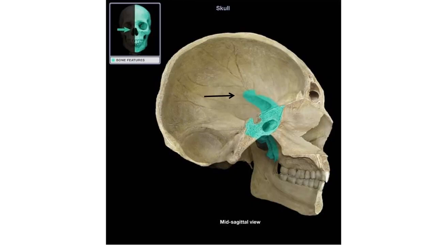Now, this is the lesser wing of the sphenoid, and this depression in the body of the sphenoid bone is what is called the sella turcica, where you can find the pituitary gland, and this is the sphenoid air sinus opening into the nose, and the lowest parts of the sphenoid bone are called pterygoid processes. We are not going to discuss these at this level.